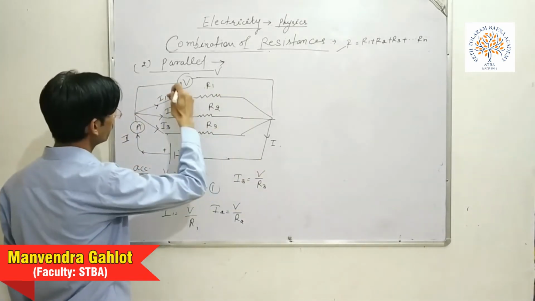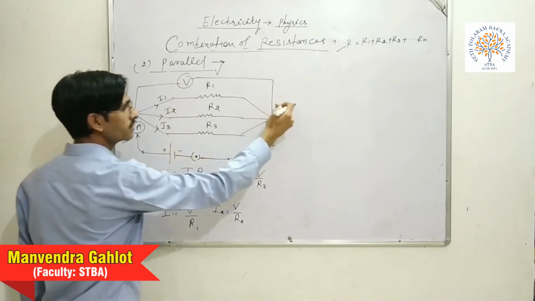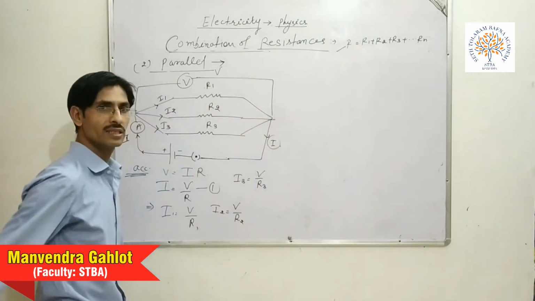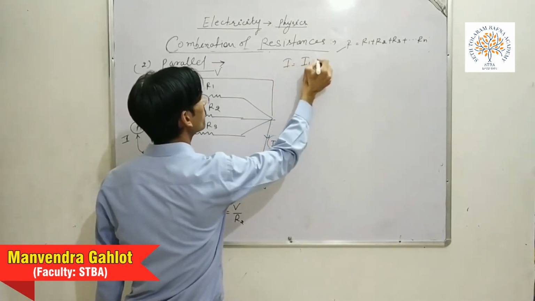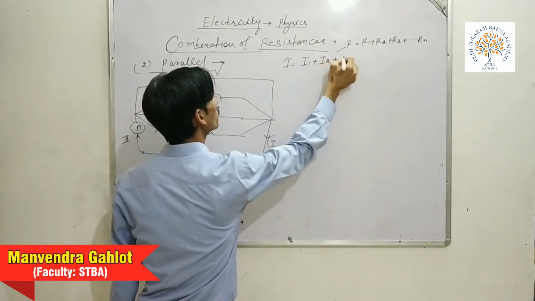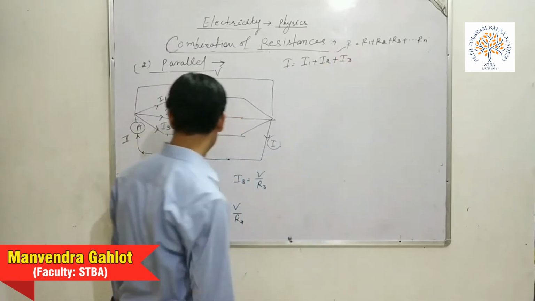And again I1, I2 and I3 add up to I. So I equals I1 plus I2 plus I3.